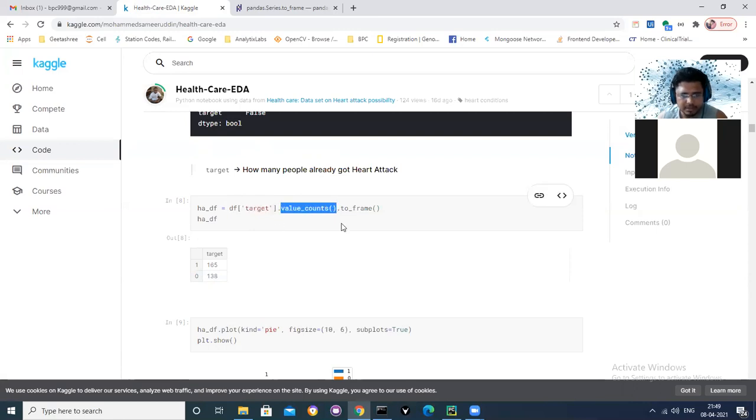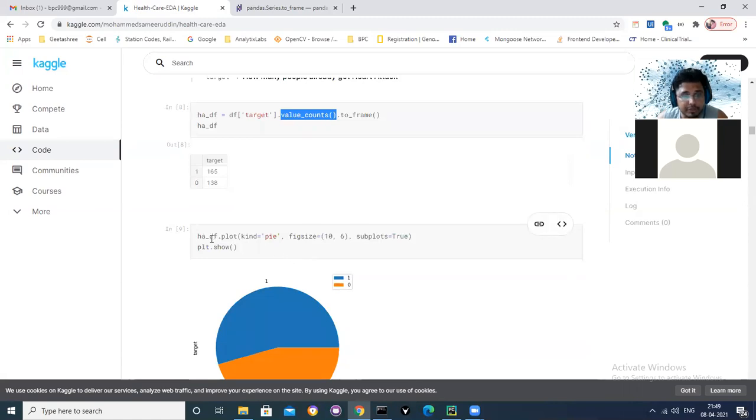If I have to see how many people got a heart attack and how many did not, this is the basic question that will come to mind. How many people got a heart attack? Now I can do a beautiful pie plot on this because it's categorical data, if you remember. I can straight away use this data frame, and from the data frame itself I can do a plot.